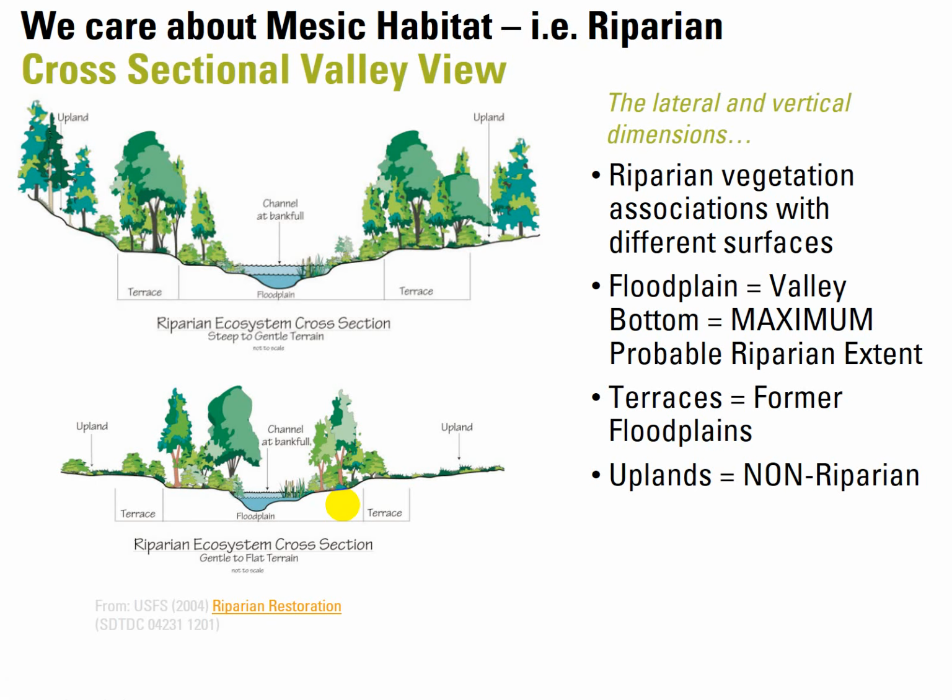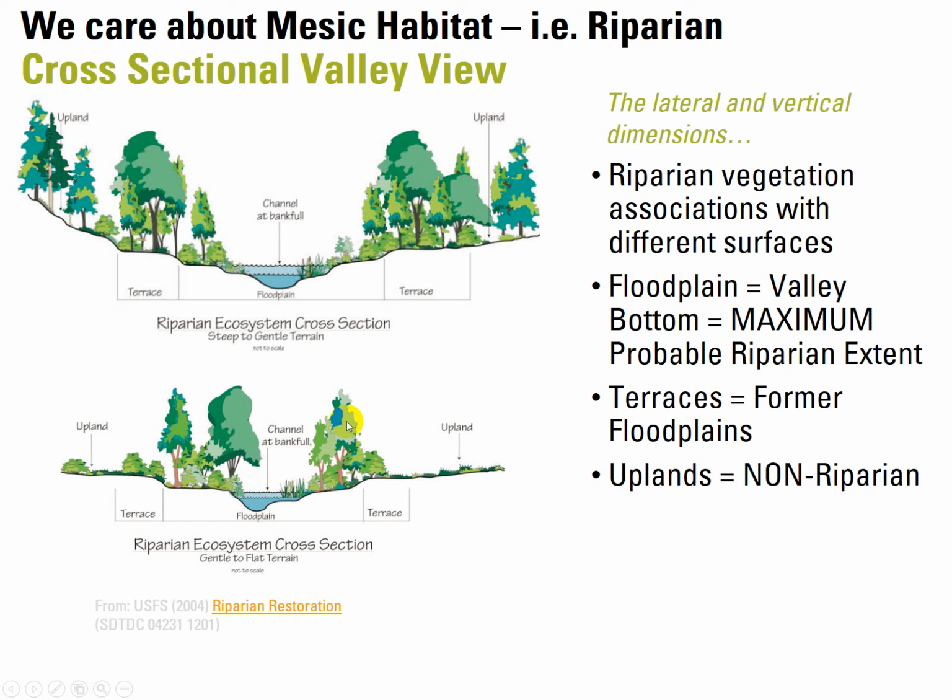We also care about this from a mesic habitat or a riparian habitat point of view. This is an older cartoon. It's nice. 2004 happens to be probably envisioning a stage one sort of scenario, but it breaks things into floodplain, channel, and terraces.